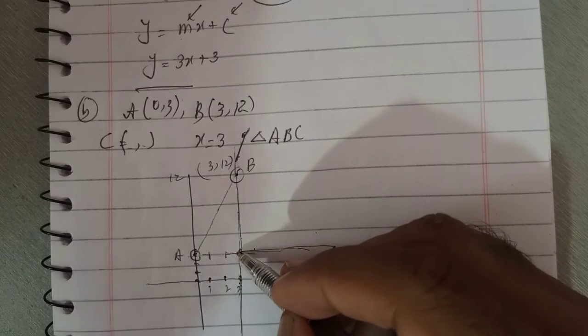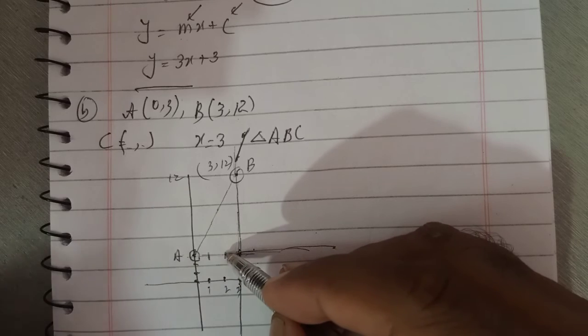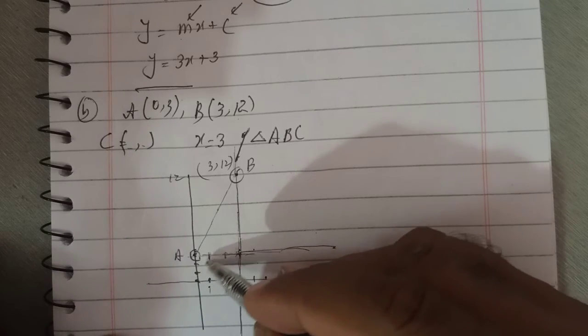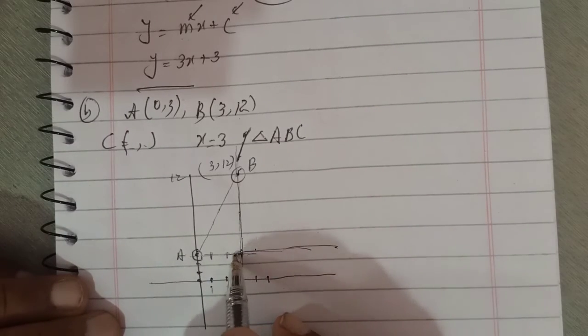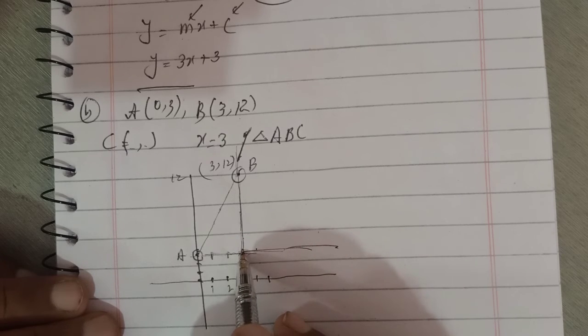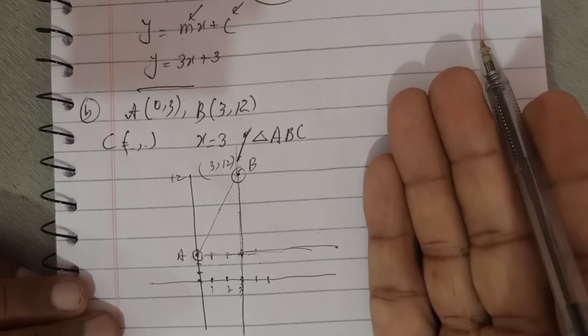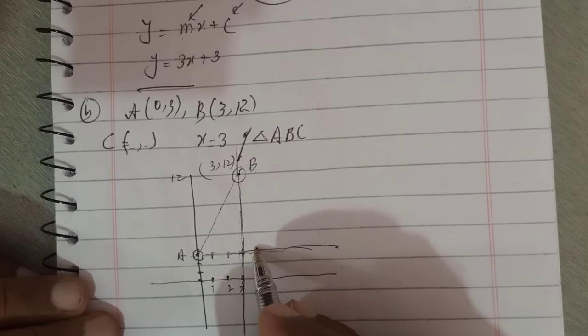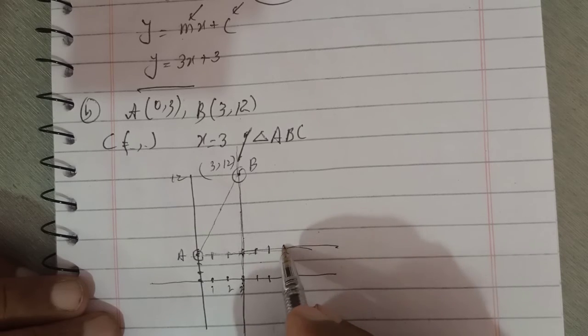So when I move from the line of symmetry towards A, I count 3 chambers. C would be on this line at a distance of 3 chambers, but on the right side of this line. So I move 3 chambers away, 1, 2, 3. So C is over here.